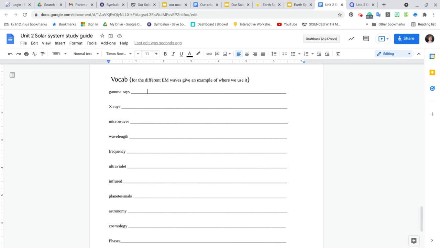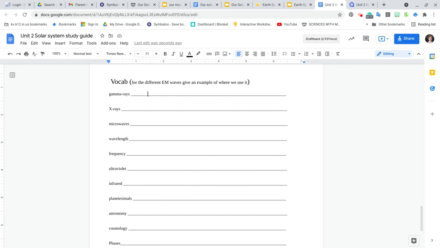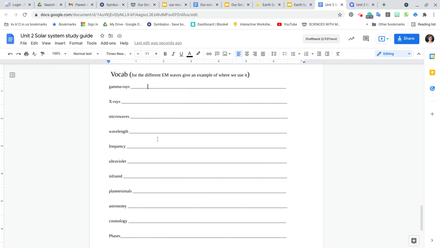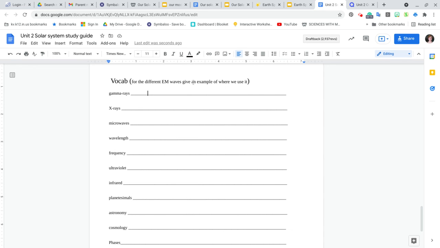Gamma rays are very uncommon on planet Earth, in other words. X-rays, where do we use them? We use them at the airport to scan things. You use them in doctor's offices. So things like that. That's what you want to review here. Where do you find them? That's what I mean.